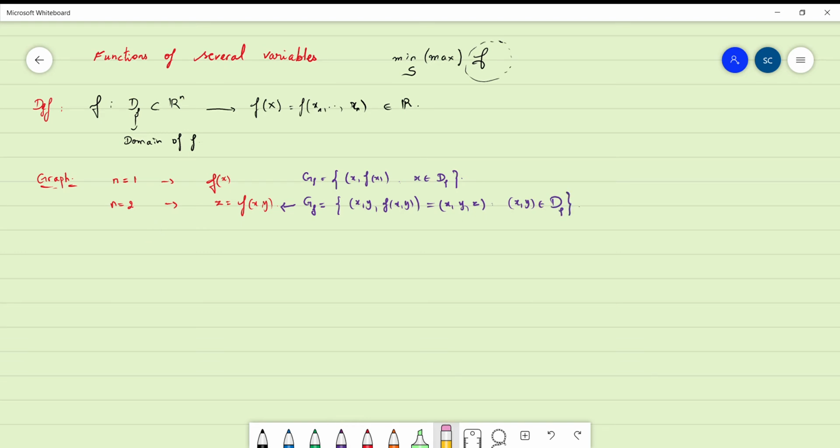It's not easy to manually guess the shape of the graph. For n greater or equal to 3, it is not possible to visualize. You can consider the definition, which characterizes the set, but visualizing is no more possible for our perception.